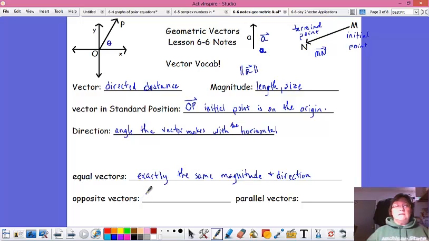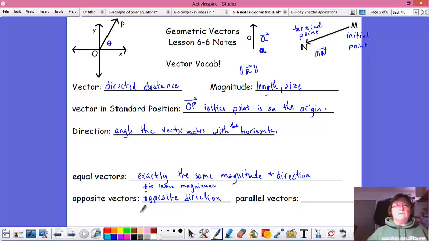Opposite vectors have the same magnitude, but they go in exactly opposite directions. So the same magnitude but opposite directions, and by that we mean that they go in 180 degrees difference from each other.